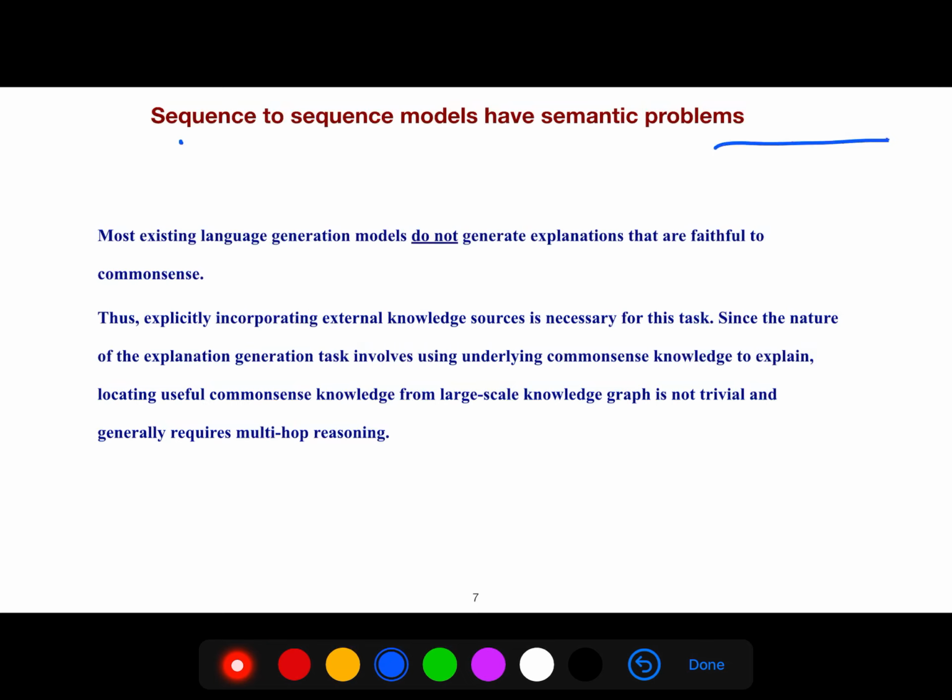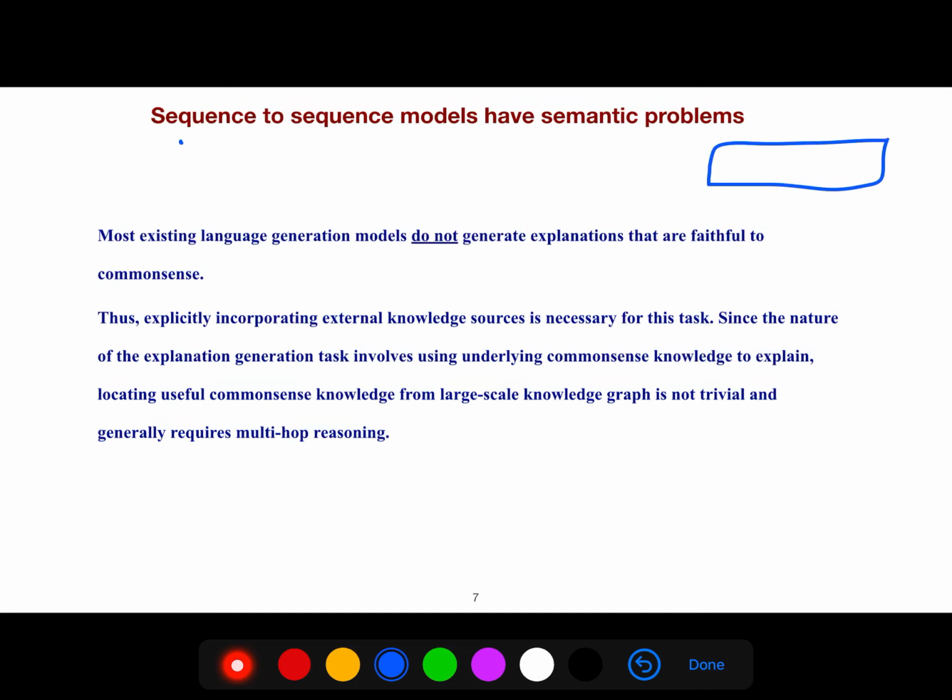In general, for example, look at the transformer. Transformer is very good at capturing syntactic information. It captures a little semantic information, but not everything. That's why we have hallucination. And you should also know that those sentences should be factual, but many times we see that they are not.